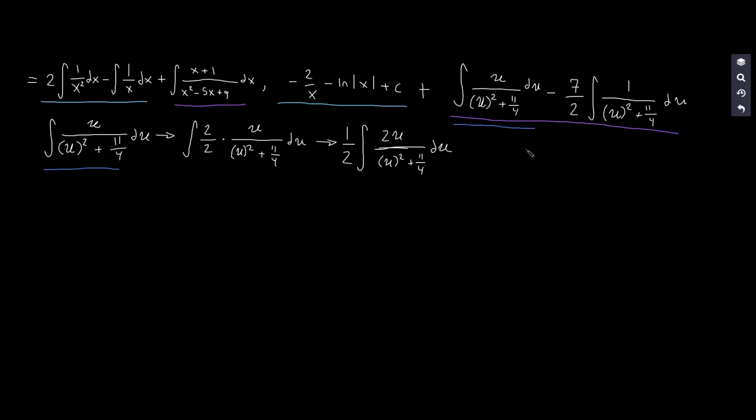Now we're getting somewhere, because now we can do some u substitution. We have to pick a different variable, not u, so I choose psi, or psi as my grandmother calls it. Let's set psi equal to u squared plus 11 over 4.